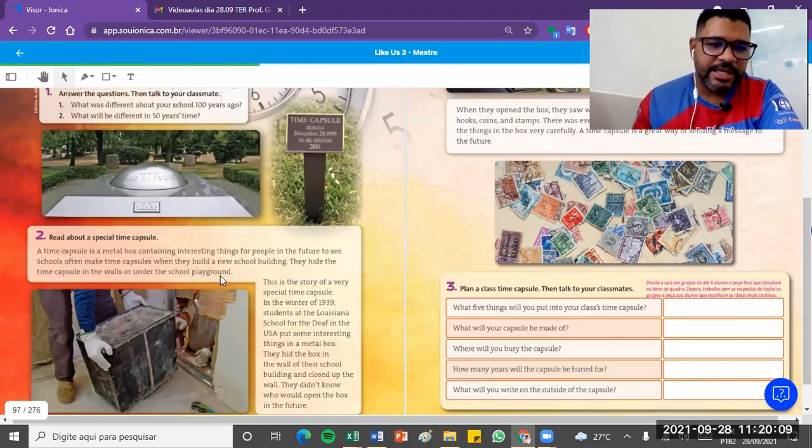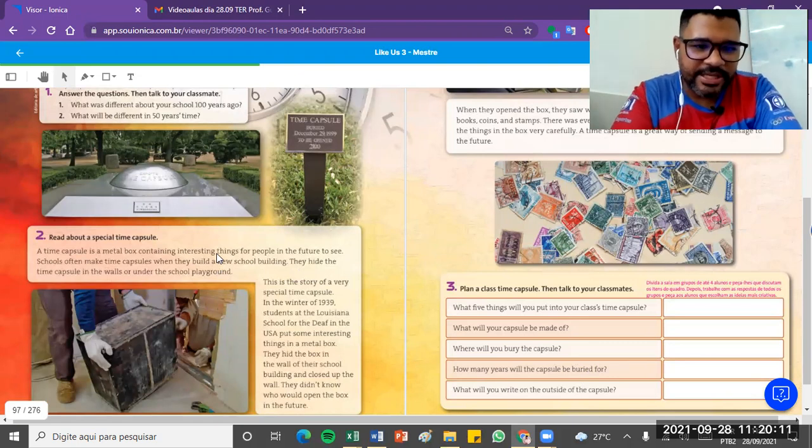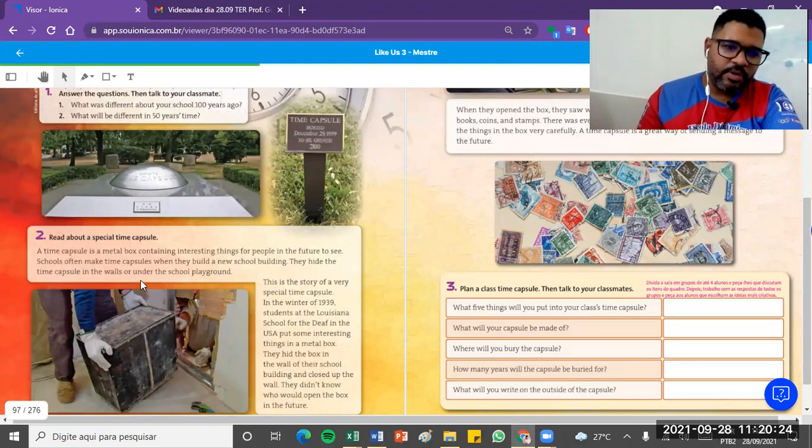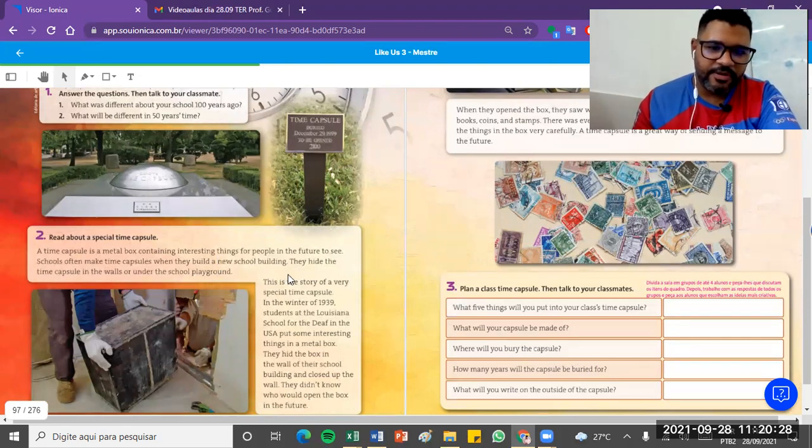Vamos lá. A time capsule is a metal box containing interesting things for people in the future to see. Schools often make time capsules when they build a new school building. They hide a time capsule in the walls or under the school playground. This is the history of a very special time capsule.